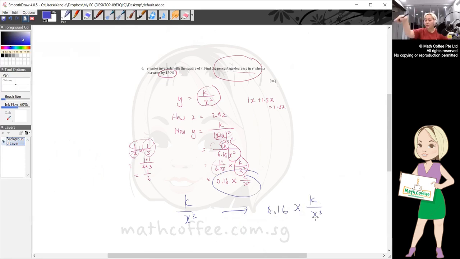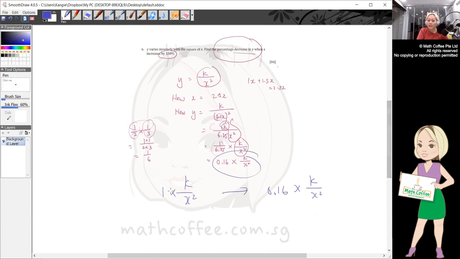So it's actually a decrease, because from 1 times this, it becomes 0.16. They want to know the percentage decrease. So I just need to take the original, which is 1 whole, minus 0.16. That's the decrease amount. Divide by the original, which is 1. Then I just multiply it by 100. So I get 0.84 times 100, and it is 84%.